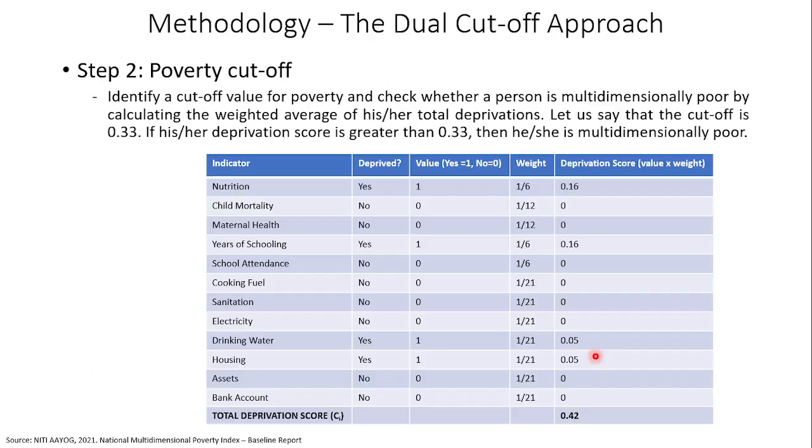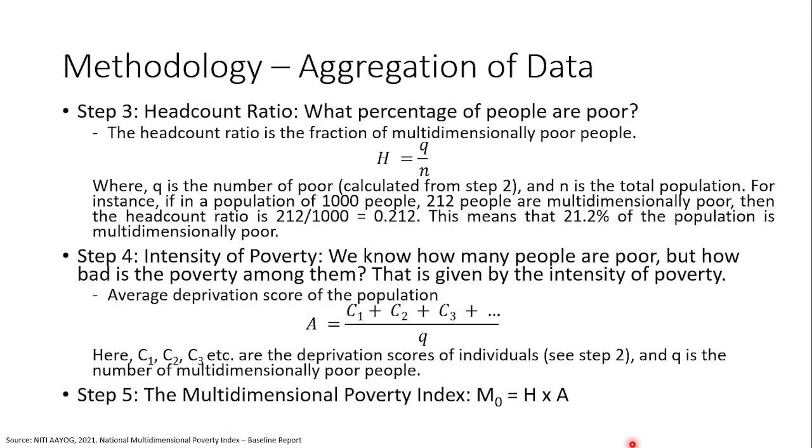So this is the total deprivation score that you calculated in step 2. For one person it's 0.42, another person it can be 0.5, another person it can be 0.6, something like that. You add all that up for the entire population and then divide it by the total number of poor people, the number of ones that you counted.